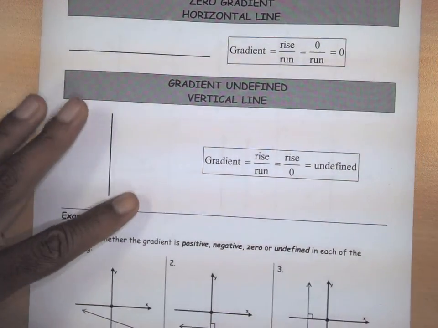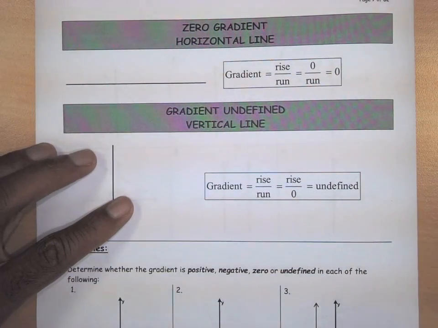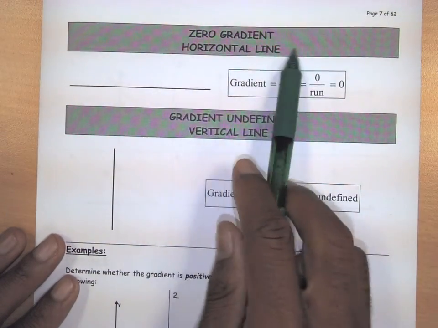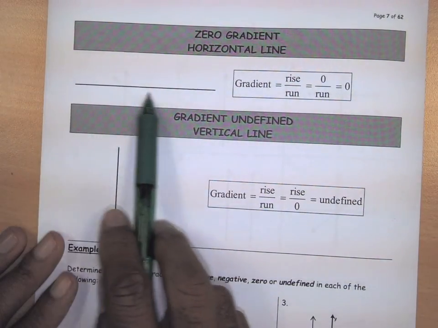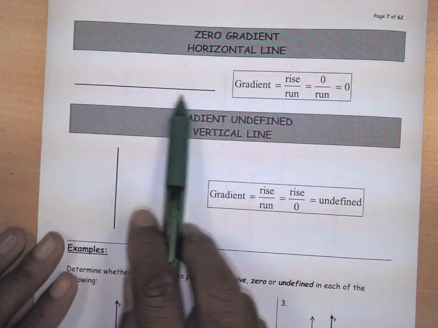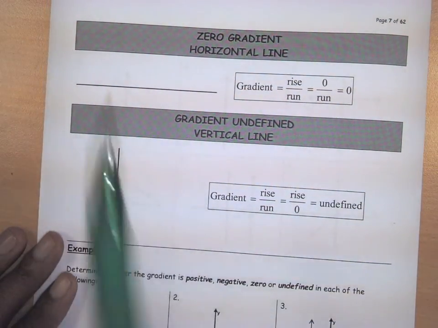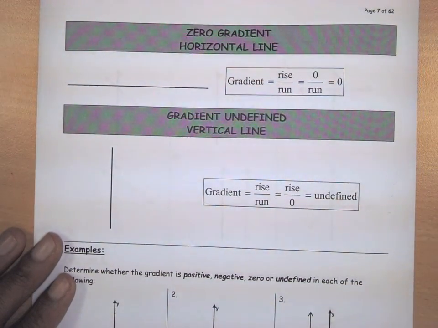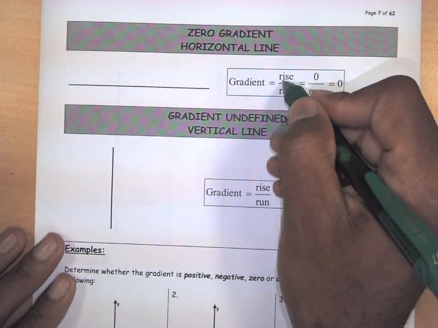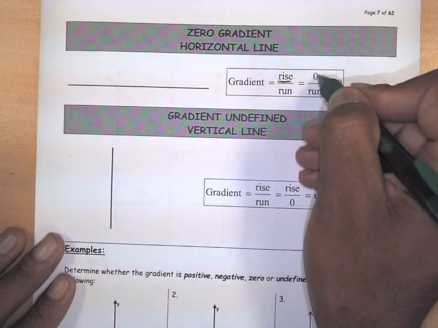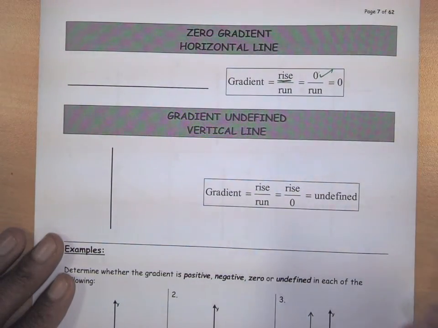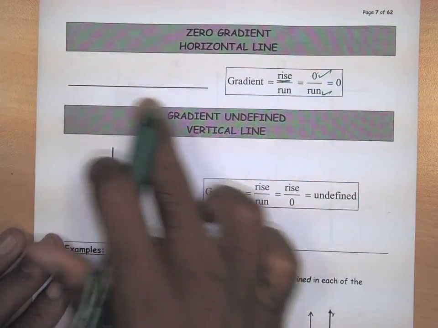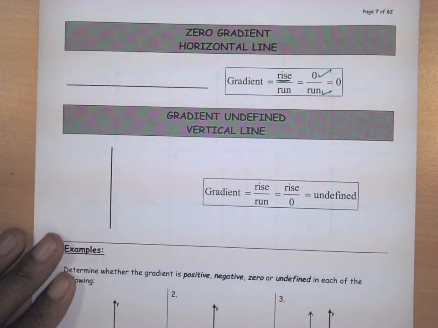We look at the zero gradient. Zero or horizontal gradient or horizontal line. Think about this. A flat surface. It has a zero gradient. That's another way of thinking about it. Because if you look at rise, you have no rise. So rise is 0. And run, you have run, which is some number.